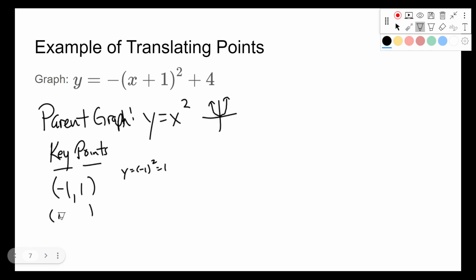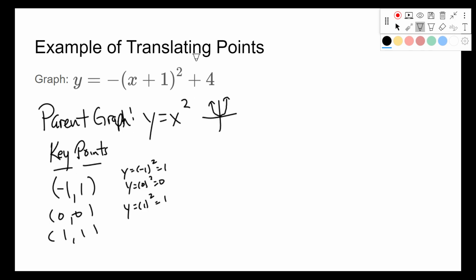If I take 0 and substitute it in, 0 squared is 0. 0, 0 is another key point. If I take 1 and substitute it in, I get 1. 1, 1 is my third key point. Okay? These are the points that we're going to translate like we did in one of the previous slides, except I just gave you a point there. This time you have to figure out what the key points are to translate.